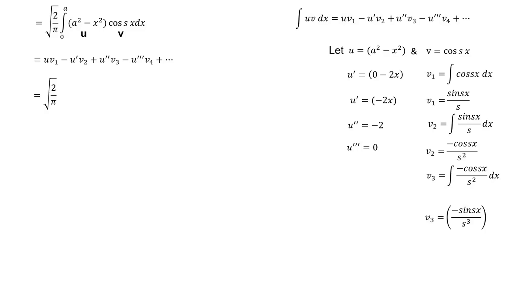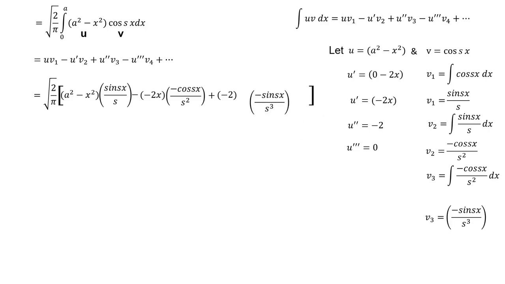Here, substitute all the values in Bernoulli's formula. So √(2/π) times u, which is a² − x², times v₁, which is sin sx by s, minus u′, which is −2x, times v₂, which is −cos sx by s², plus u″, which is −2, times v₃, which is −sin sx by s³, minus u‴, whose value is 0.